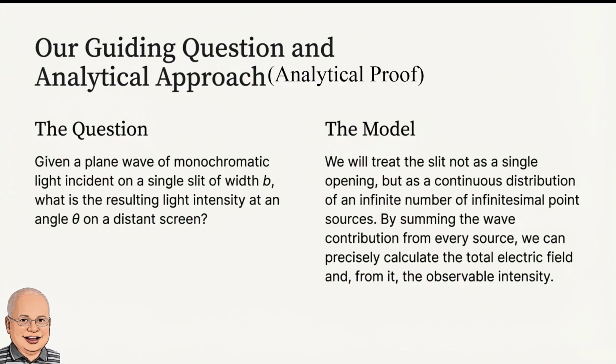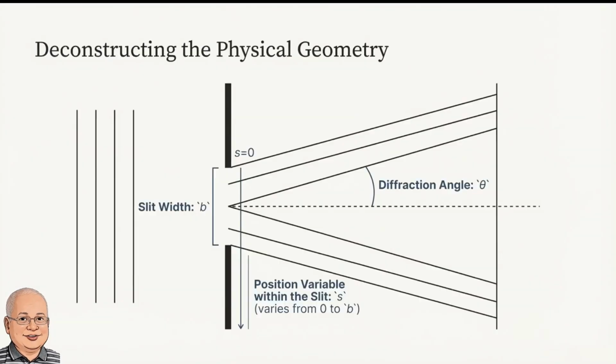We'll treat this slit not as a single opening, but as a continuous distribution of an infinite number of infinitesimal point sources. Then, by summing the wave contribution from every source, we can precisely calculate the total electric field, and from it the observable intensity, which we calculate later. Next.